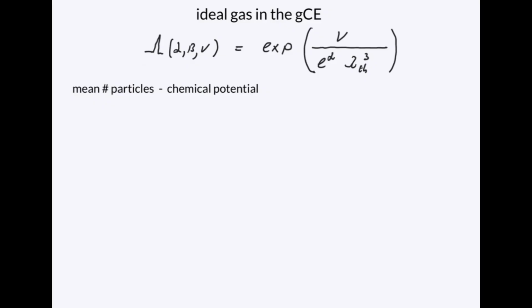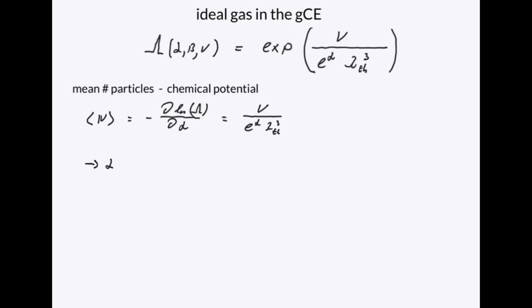Having the partition function, we now calculate the conjugate variables that will finally lead to the equations of state of the ideal gas. Let's first consider the derivative of the log of the partition function with respect to the affinity α. Well, this is the mean number of particles and is given by V divided by e^α and λ thermal to the power 3.